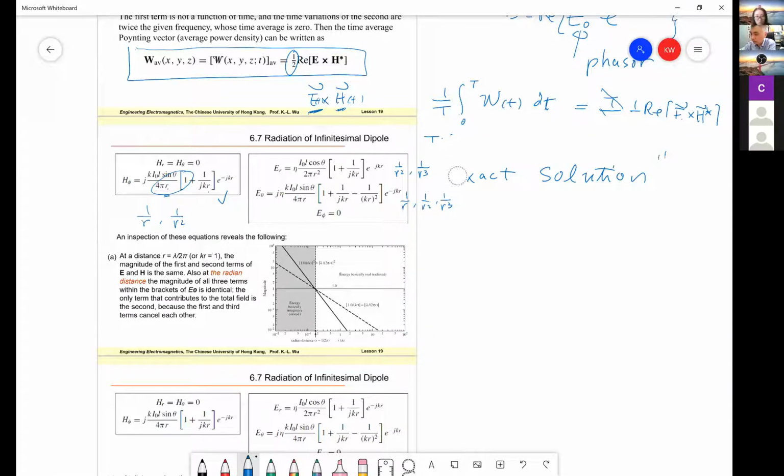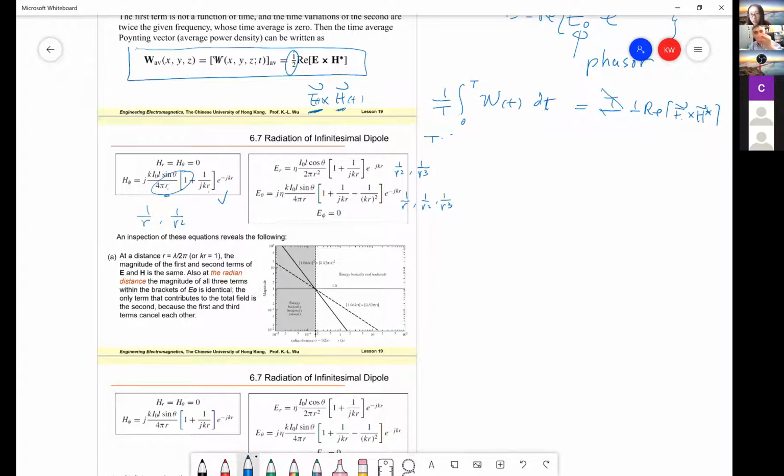This is a very interesting question. We have to look at how the field changes when the distance changes.